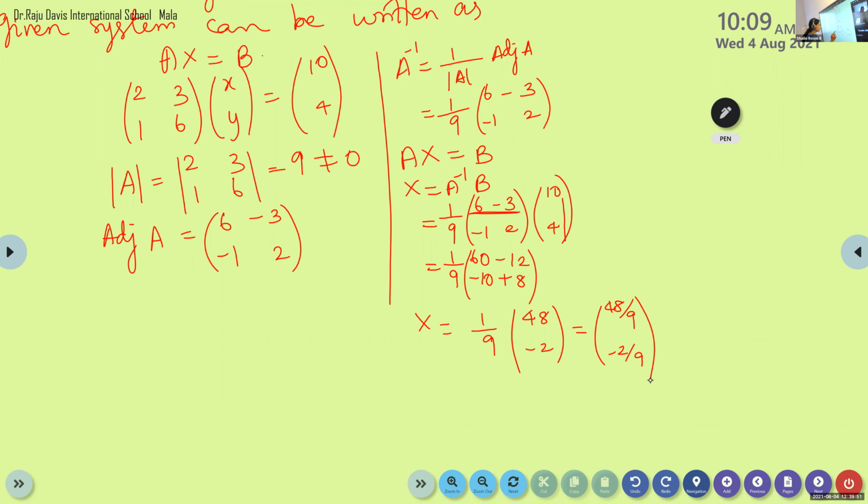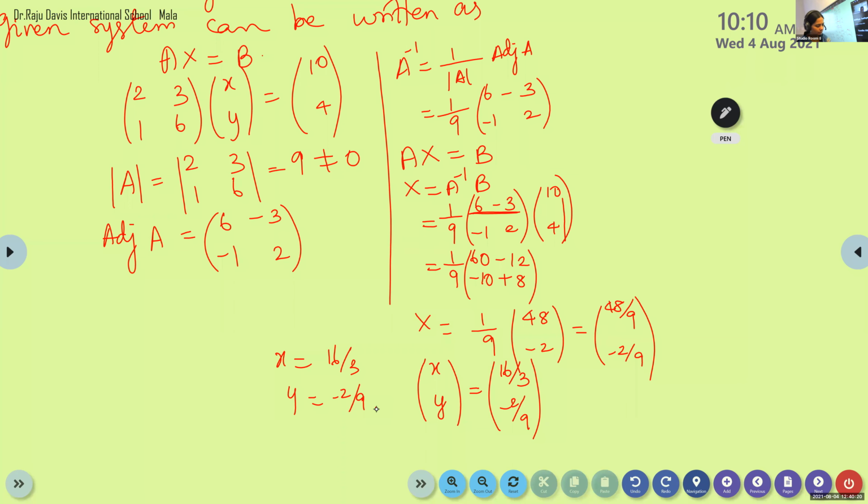Capital X means this is the unknown matrix, [x; y], equal to 48 by 9 and minus 2 by 9. We can simplify. When you simplify, you will get 16 by 3 and minus 2 by 9. Therefore, the solution is x is 16 by 3 and y is minus 2 by 9.